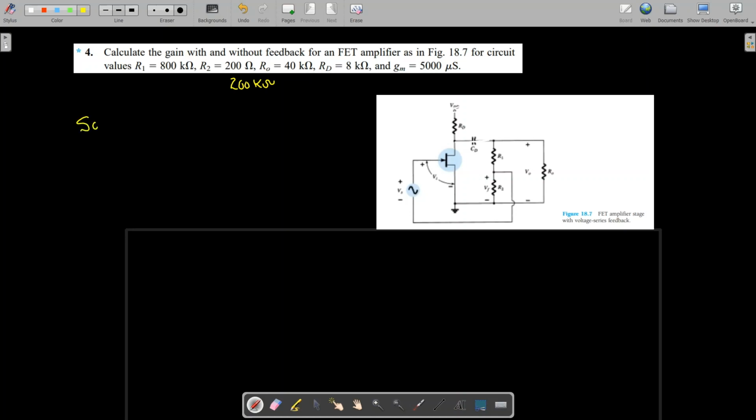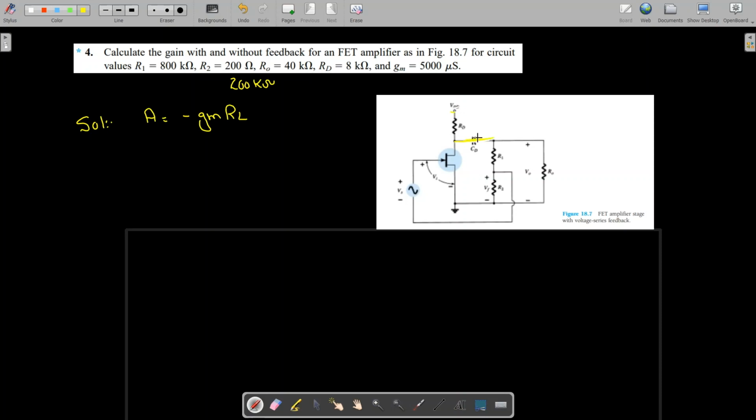First of all, this FET amplifier is a common source amplifier. Its gain is A = -gm RL. Now in this case, what will be the RL? For RL, we need to perform this AC analysis. For AC analysis, this VDD is going to be grounded, and this capacitor is going to be shorted out.